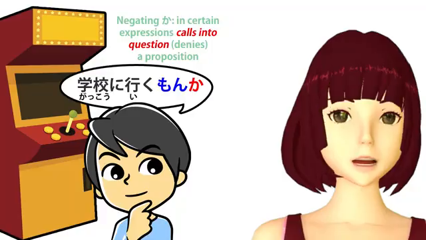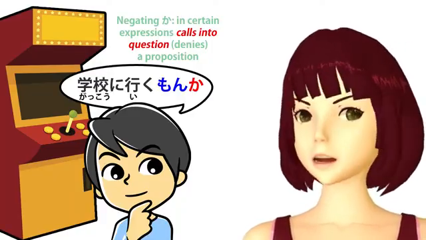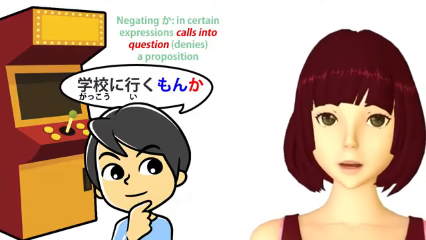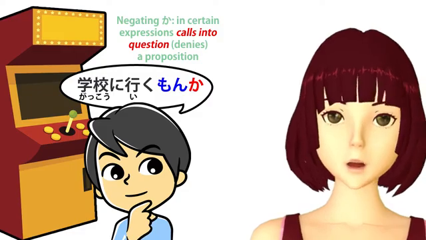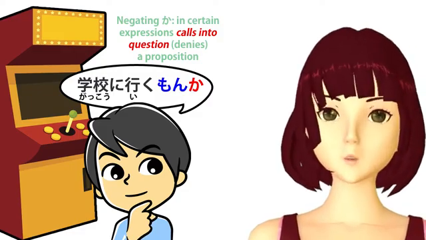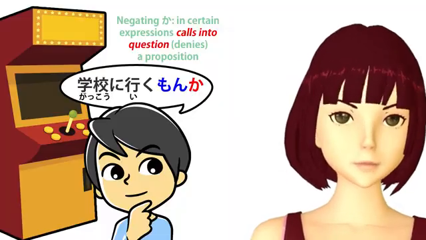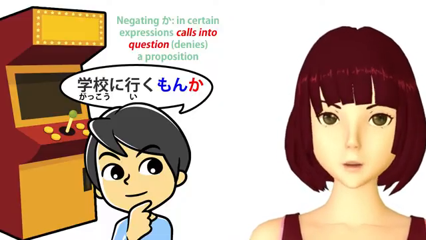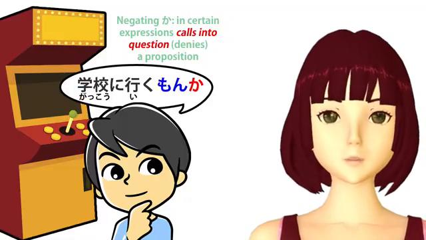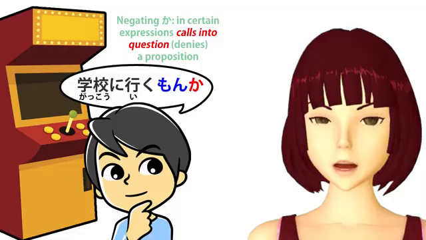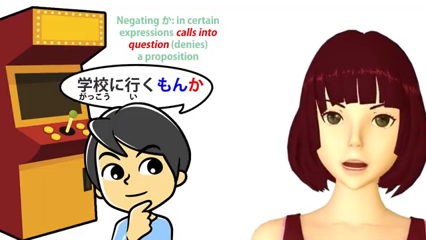Now, there is another use of ka, which is a little different, but still closely related to its question-making quality, and that is in certain expressions where it negativizes what we're talking about. An example of this that you probably come across if you've been watching anime or reading manga is monka, and that's short for mono ka, and it cannot be used in more formal speech, in which case we say "mono desu ka."